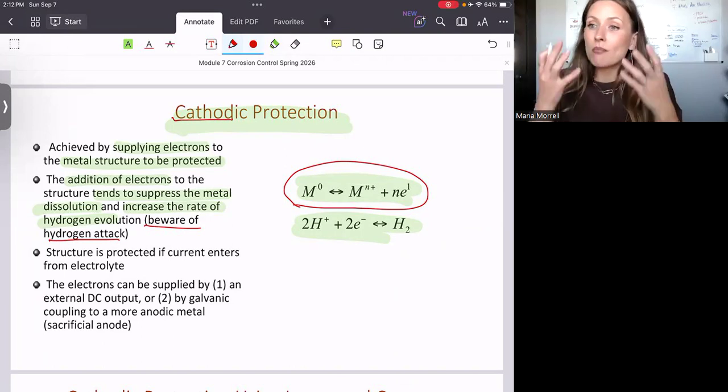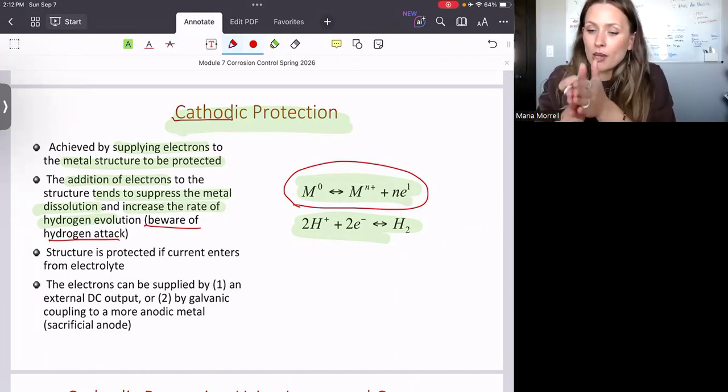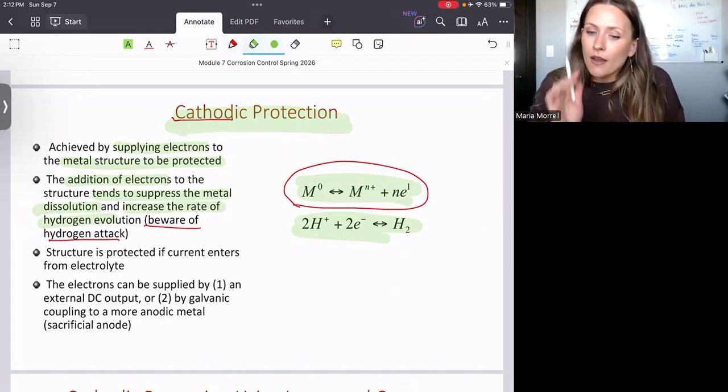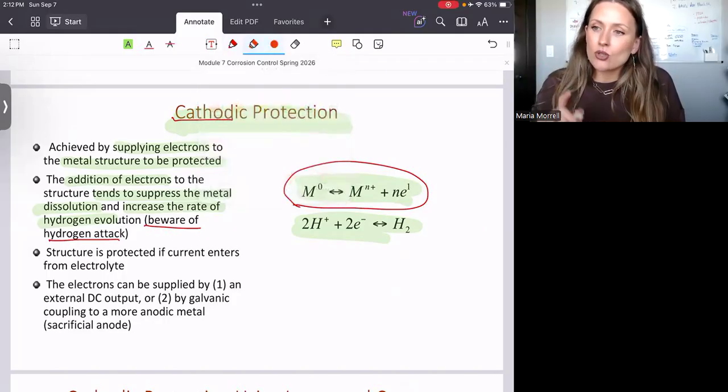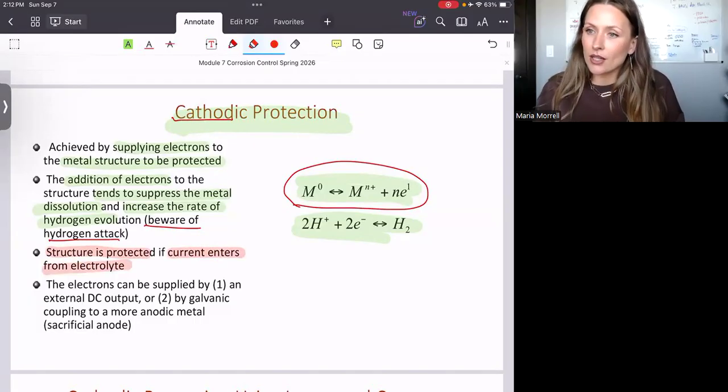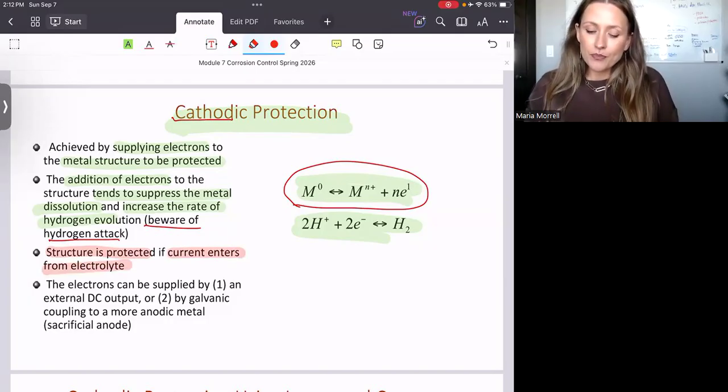You just try and use a material that allows you to put a barrier between the metal and the hydrogen, right? Now, a very, very important point, and perhaps I'm going to switch to red to emphasize it, is that the structure is protected only if the current enters from the electrolyte, right? And that is paramount. And I will show you the examples.